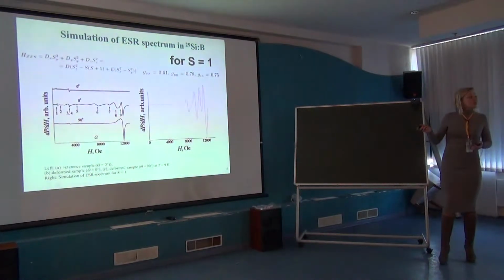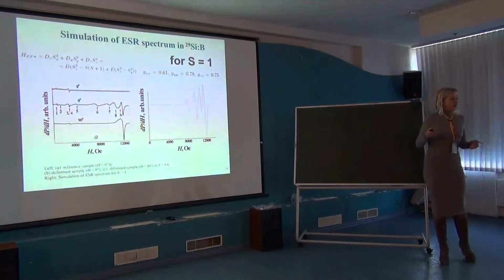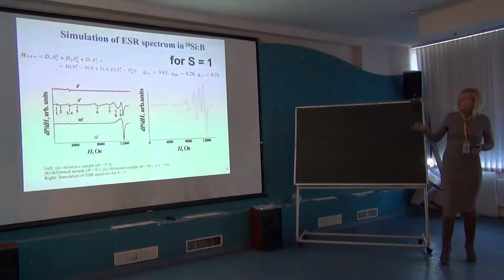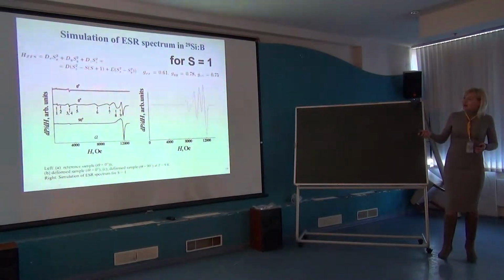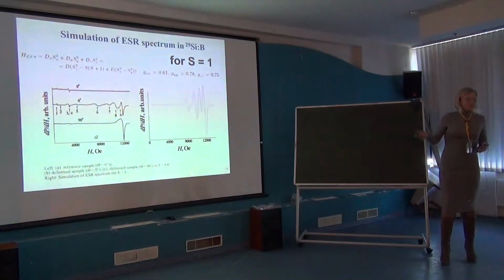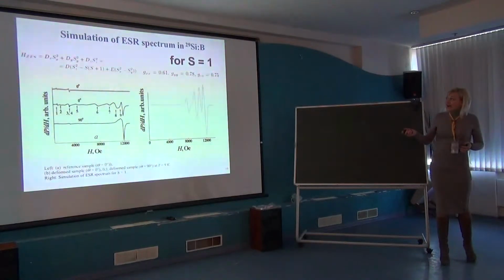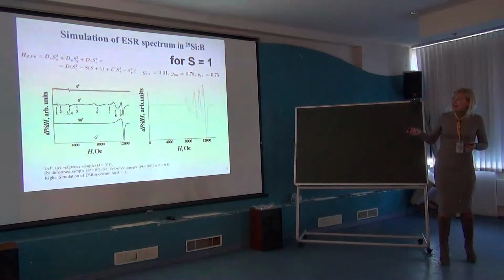We simulated the spectra by some software, and you can see our results are more or less the same as the experimental results, and the value of G factor was like this.